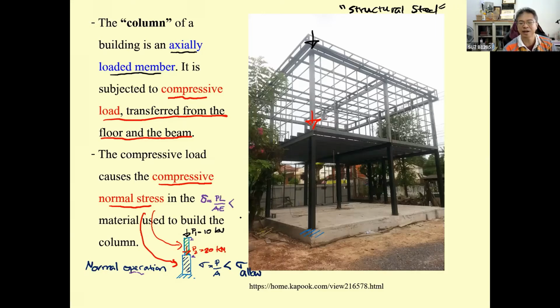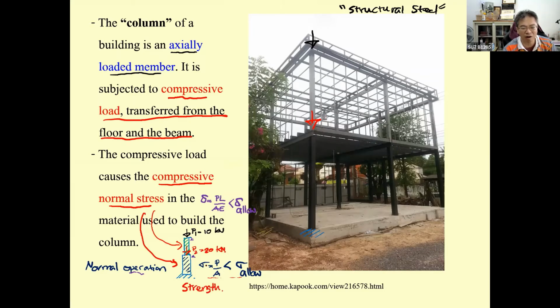And it's going to be small. It's going to be less than the allowable deformation. Okay, by considering this, when you design the house, there are two things. The first one, you consider the strength of the material.